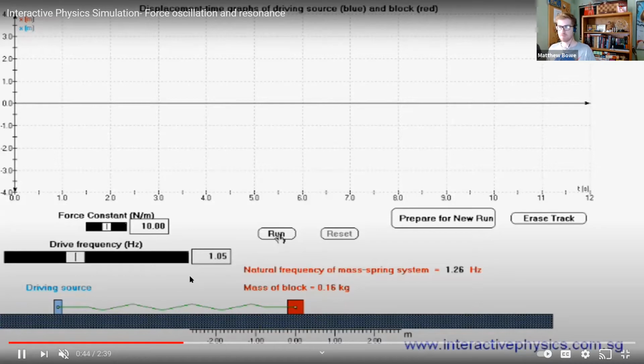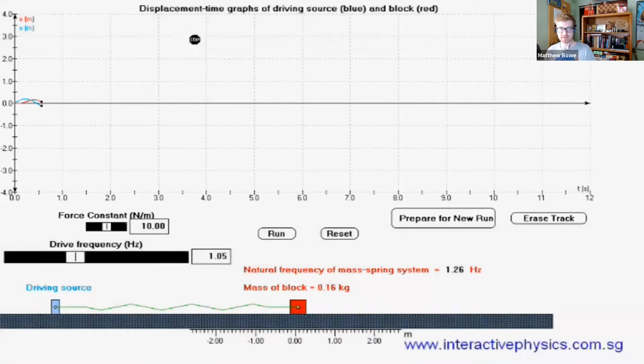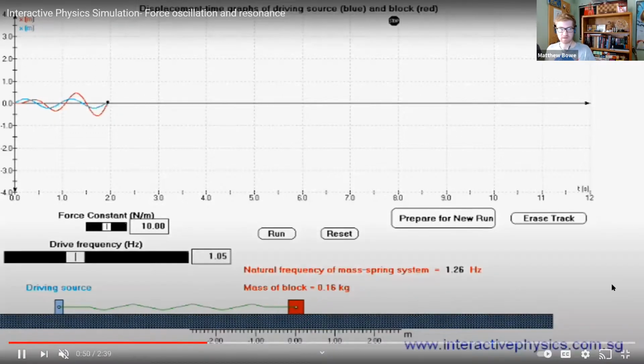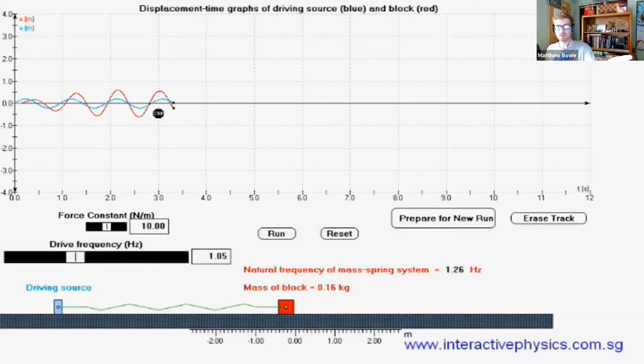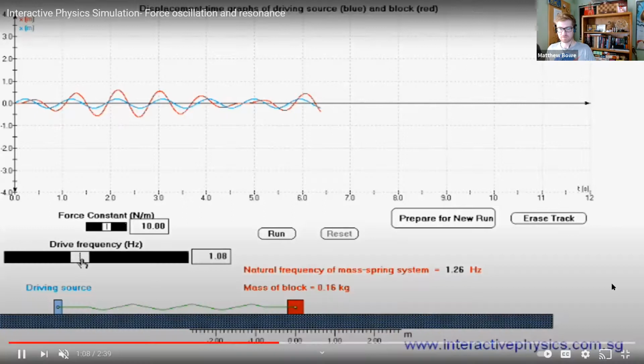So it has a lower drive frequency than its own natural frequency. There is some growth, but then not much else comes of it. It just sort of grows and shrinks, and you'll see this very subtle difference.